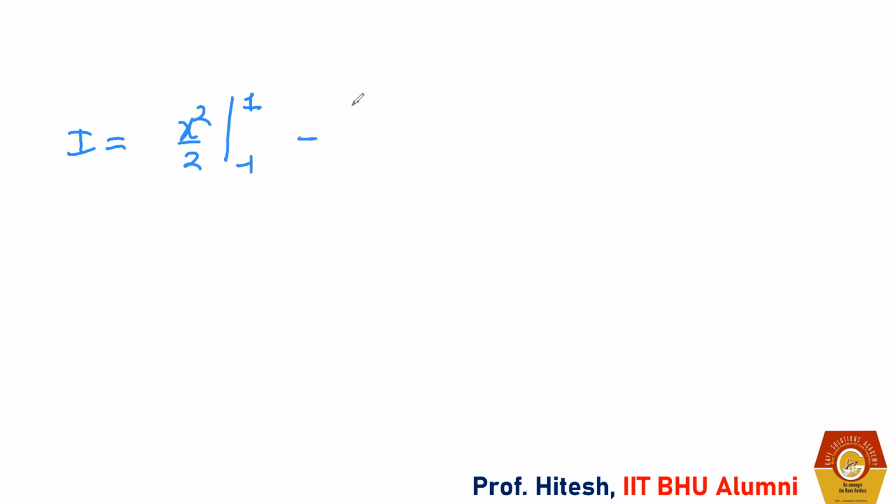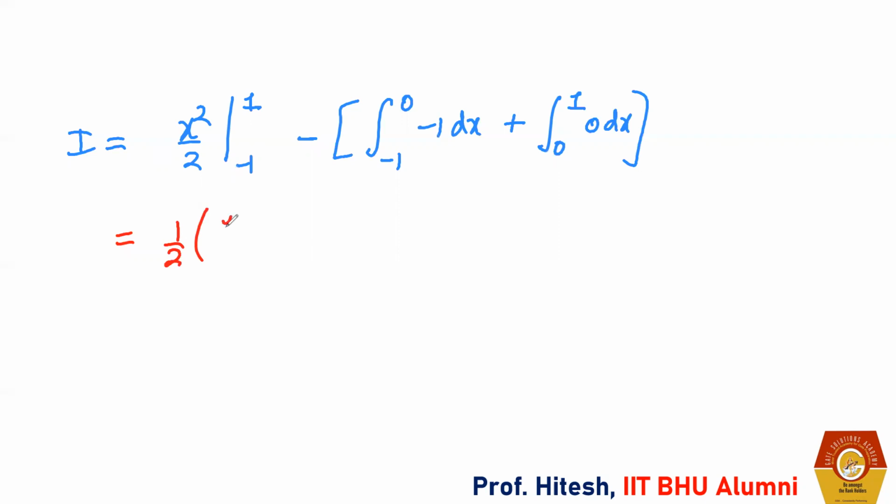From minus 1 to 0, its value will be minus 1 dx. From 0 to 1, its value will be 0. So it will be 1 upon 2, 1 square minus 1 square. So that will be nothing, 0.